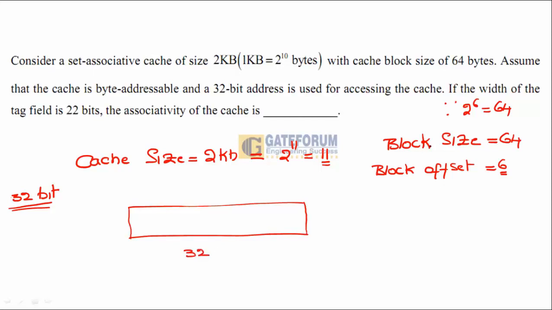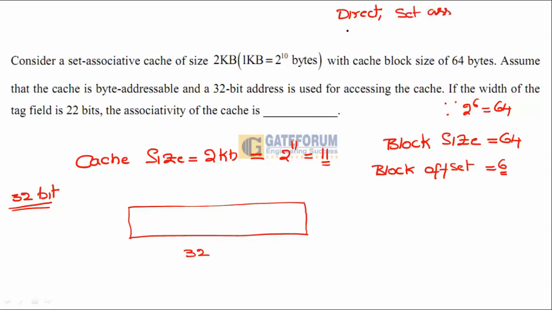If the width of the tag field is equal to 22 bits, what is the associativity of the cache? We need to find out the associativity. You know that the associativity starts from direct mapping. The cache mapping techniques are direct mapping and set associative mapping.